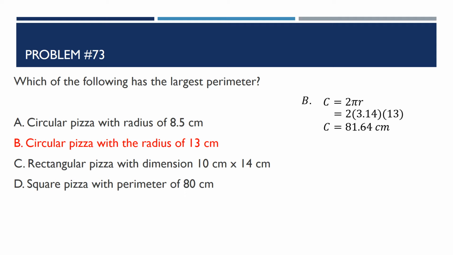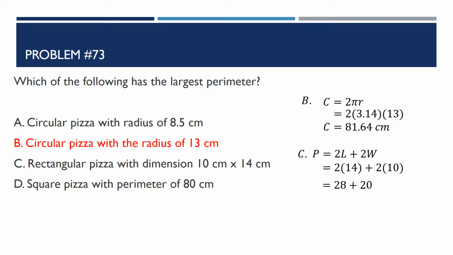Now for letter C, it's a rectangular pizza. So we're going to use the formula for the perimeter of a rectangle: twice the length plus twice the width. So 2 times the length, which is 14 centimeters, plus 2 times 10 centimeters.